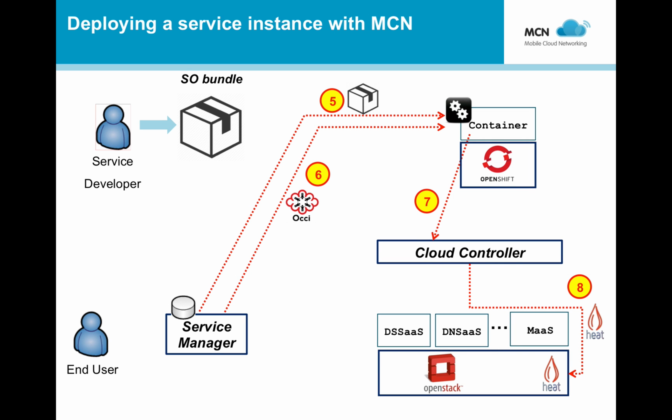Once the container is ready, the service manager uploads the SO bundle at step 5. The container automatically deploys the SO as a web application, which can then be called by the SM, still using OCCI.